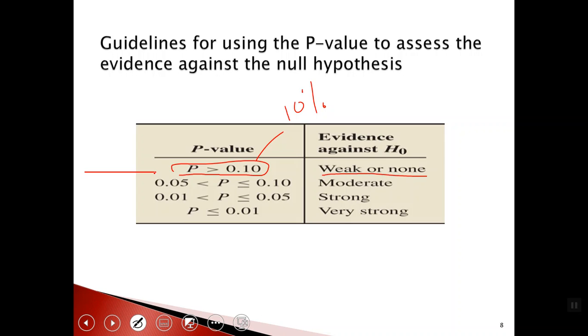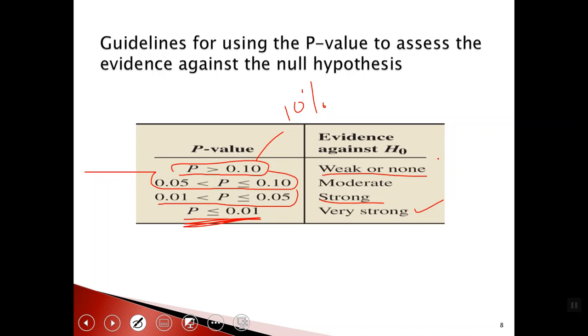If your p value is between 0.05 and 0.1, we have moderate evidence against h naught. If between 0.01 and 0.05, we have strong evidence against our null hypothesis. And if my p value is less than 0.01, I have very strong evidence against my h naught.